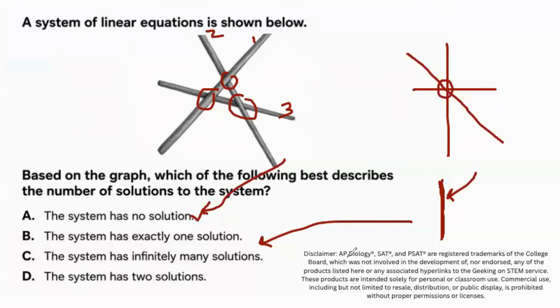Two solutions would be somehow, some way, something like, let's say, this would be really hard, maybe a parabola of sorts where all three lines are intersecting at 2 points. So the goal is, however many lines you have, they have to intersect simultaneously at a given point to even be considered a solution.